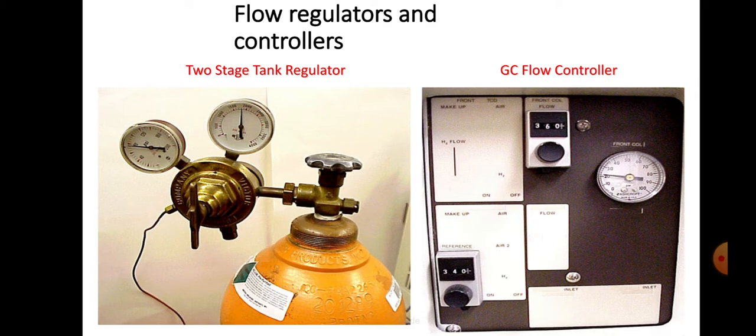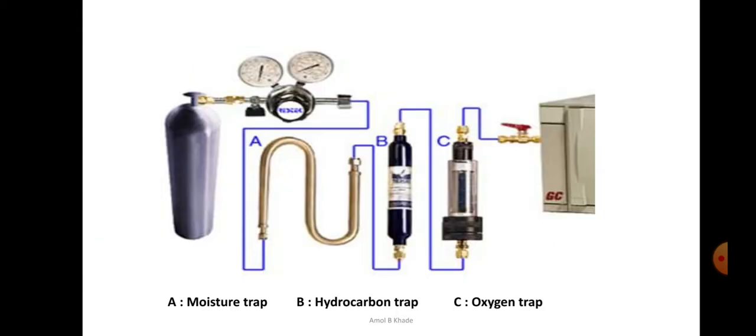And at the end of the system you have a flow controller, indicating at what speed the carrier gas is moving through the instrument. With this you can regulate the pressure of the carrier gas, and that is how we can maintain the flow rate of the carrier gas.